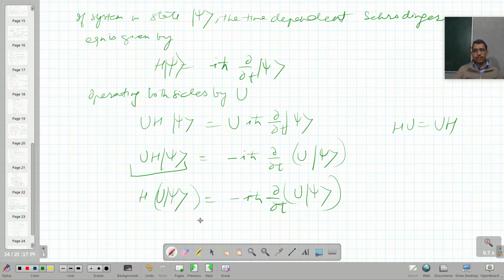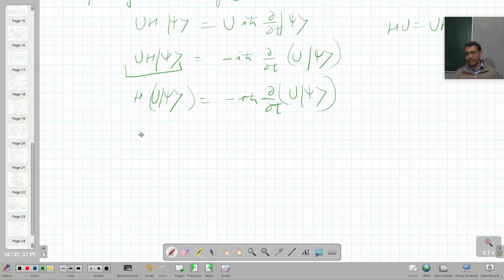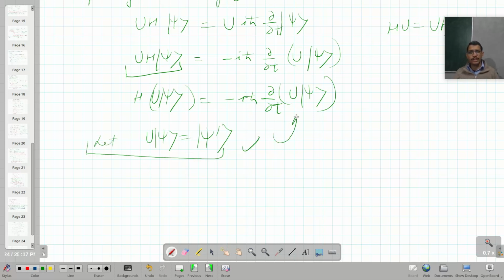So let us assume that this U psi is equal to, say, psi prime. So this is our assumption. If I put it in this equation, then what we are getting is H psi prime must be equal to minus iota h cross del over del t psi prime.